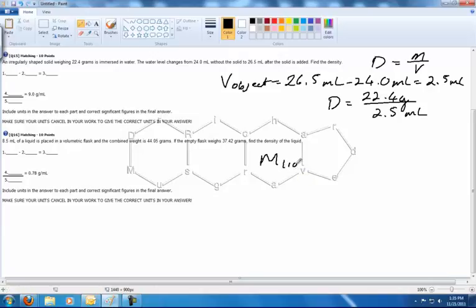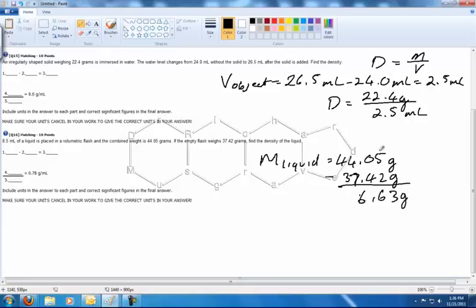So the mass of the liquid is going to be 44.05 grams minus 37.42 grams, which is 6.63 grams for the mass.